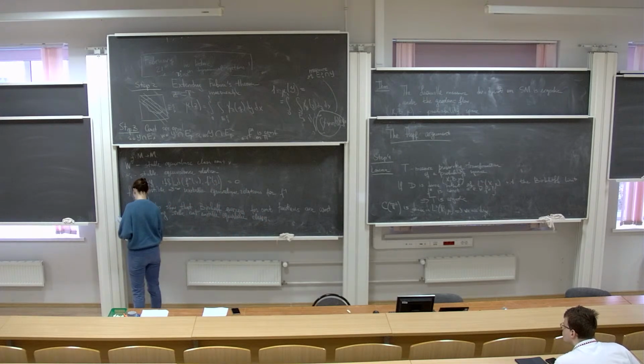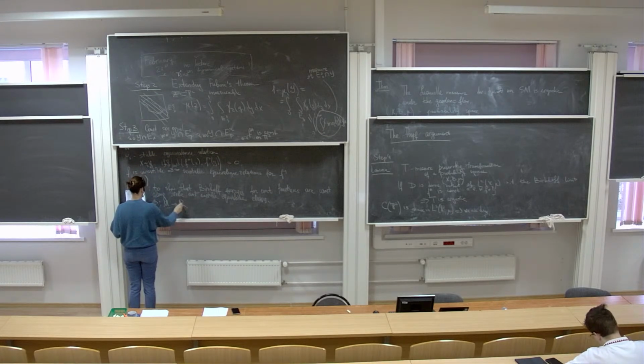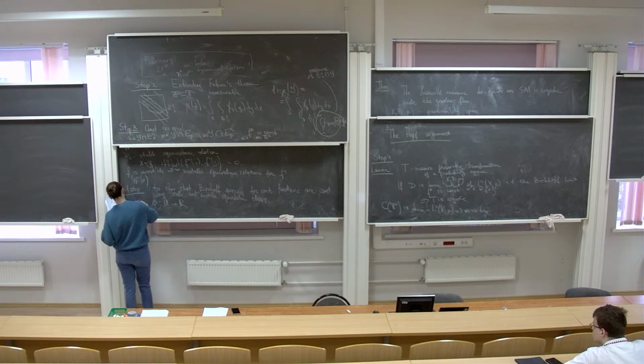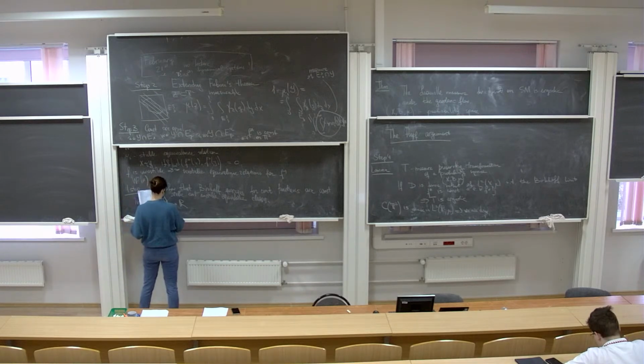So how could it be done? We consider a function, an integrable one. And we consider f bar, which is a lim sup of this.